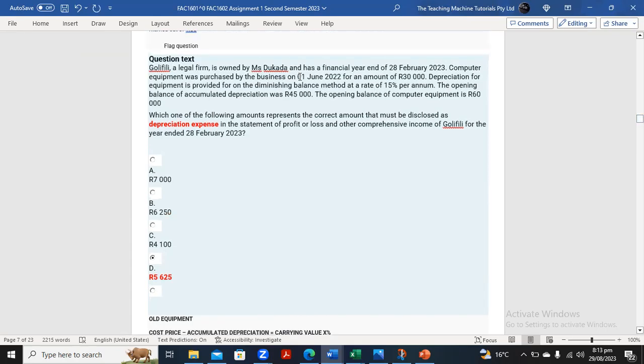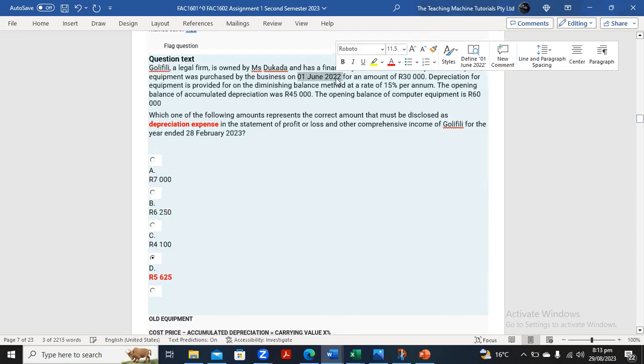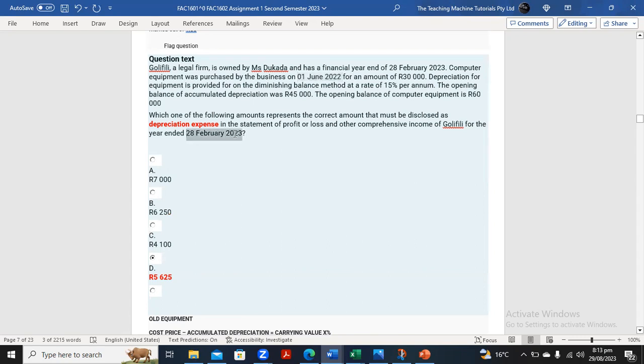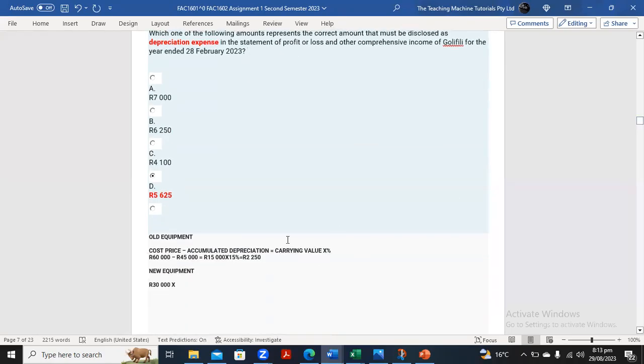It was only bought on the 1st of June, 2022. If you count from 1st of June, 2022 to 28th February, 2023, it's 9 months: June, July, August, September, October, November, December, January, February. So this new equipment is only 9 months old. So you multiply by 9 divided by 12, and you multiply by 15%.